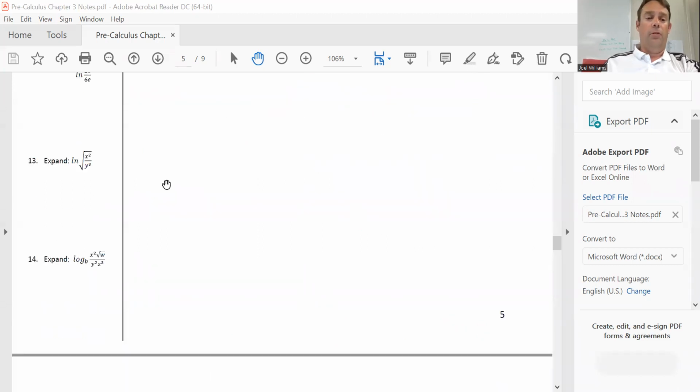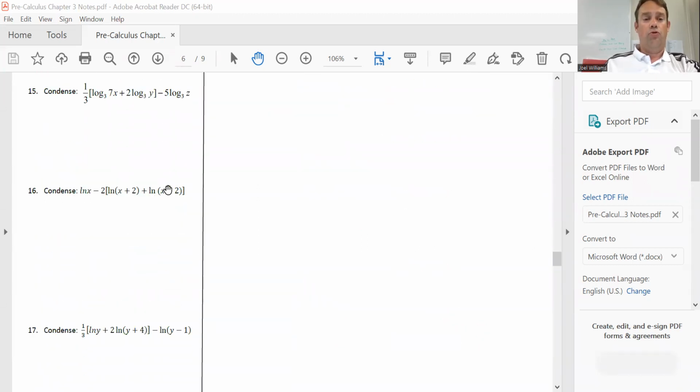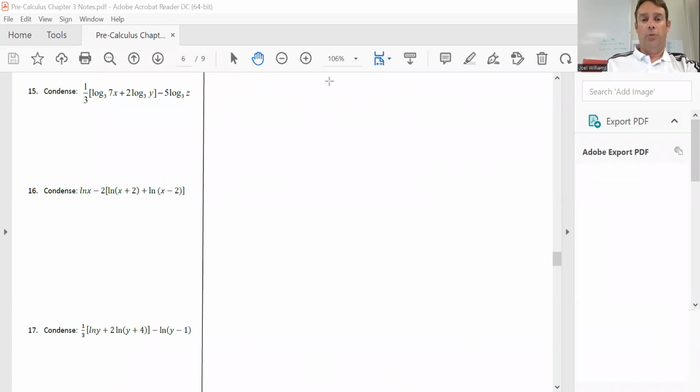All right, so the next thing we have to do is condensing logs. So when we're condensing logs, we're still going to need all our rules to come into play. So let's make sure we bring those rules back in here. But this time I'm going to write them the opposite way. In other words, if I have 2 logs that are added, I can put them together with multiplication.